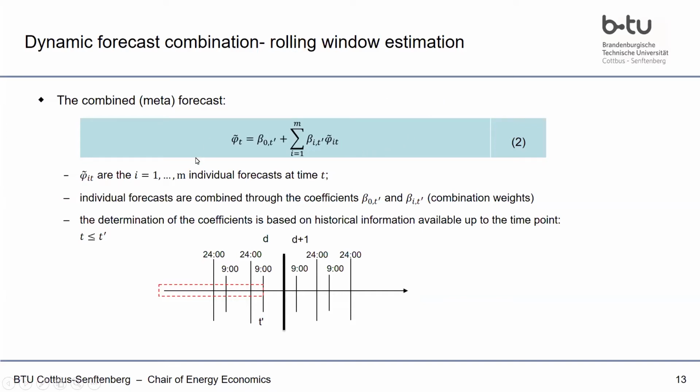The determination of the combination weights is based on historical information available up to the time point t prime. So we consider the history up to 9 a.m. And for the next day, we move the rolling window by 96 values to the right, and we re-estimate the coefficients. So basically the combination weights are estimated daily, but throughout the day they remain constant.